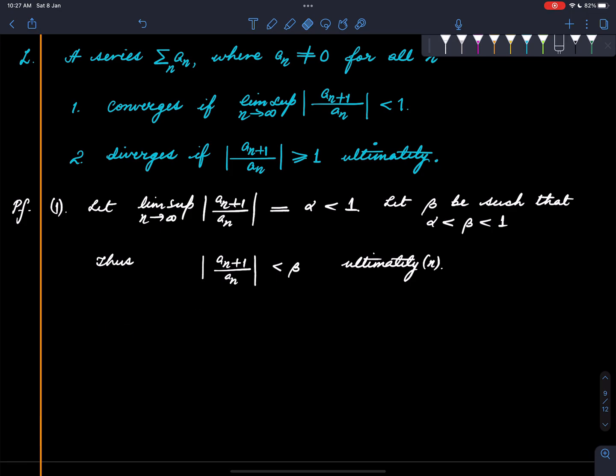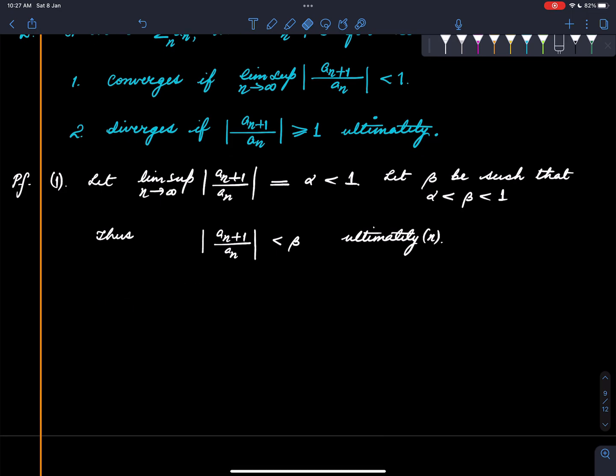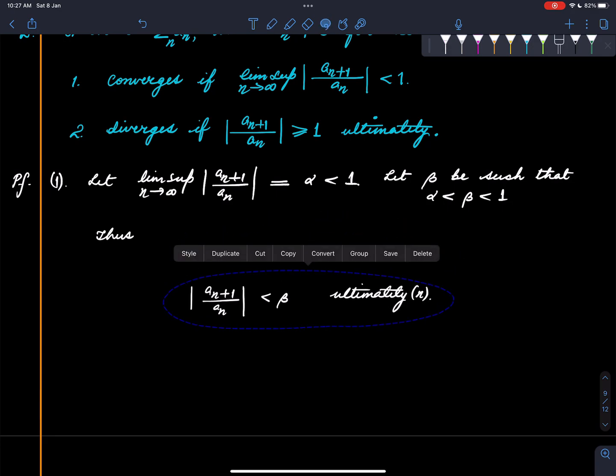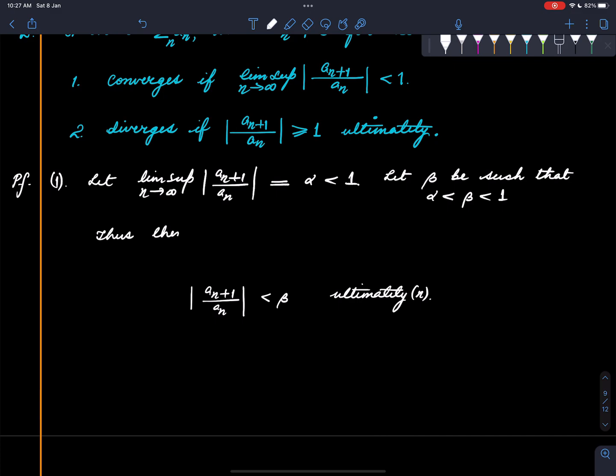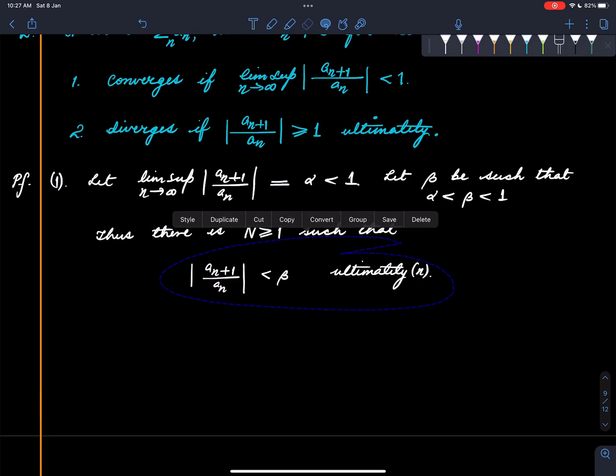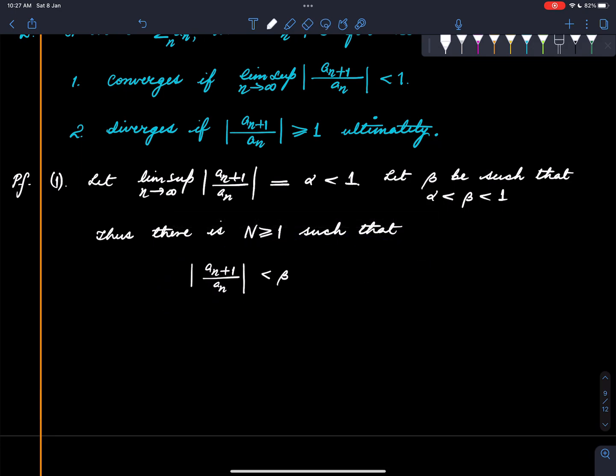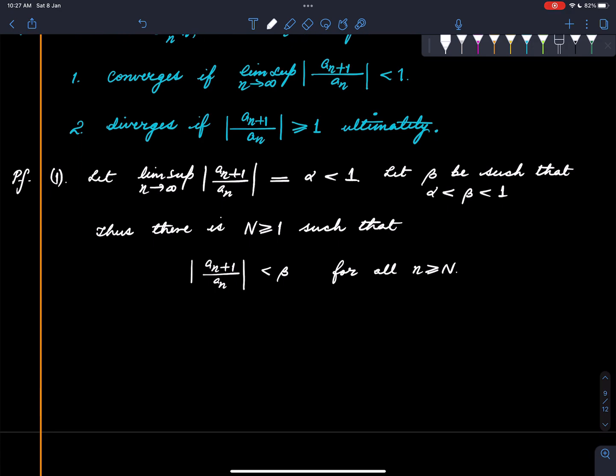Okay, so I think it's better to use an index. Fine, so let me expand on that. Thus, there is some N greater than or equal to 1 such that this holds for all n exceeding capital N.